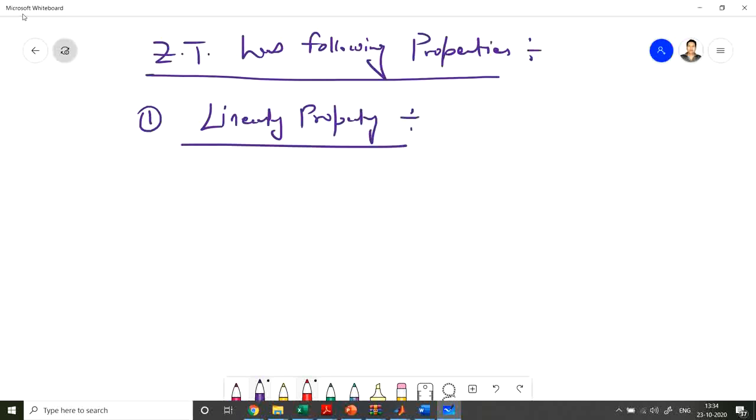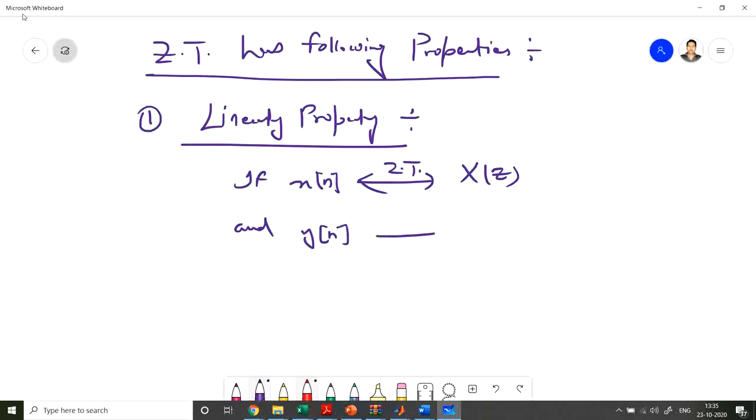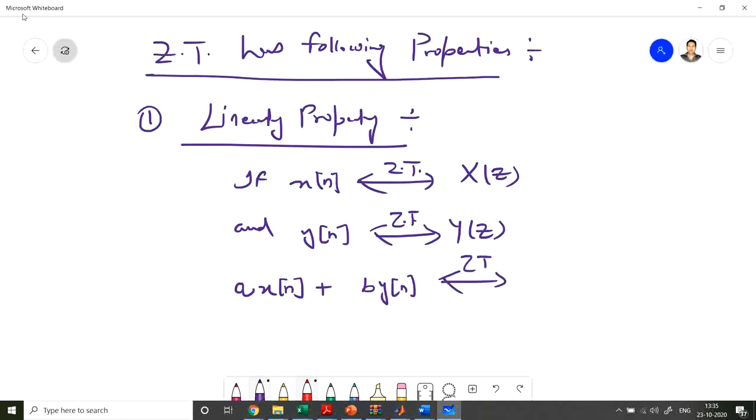So what is that property? If x[n] has z transform X(z) and y[n] has z transform Y(z), then the linearity property says that a x[n] plus b y[n] has z transform a X(z) plus b Y(z).